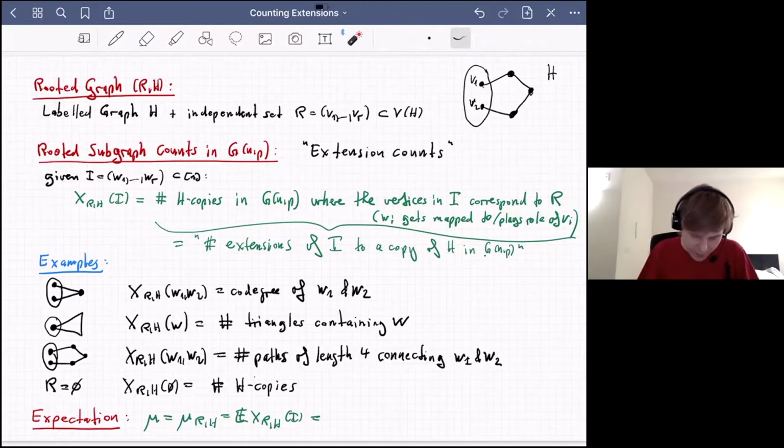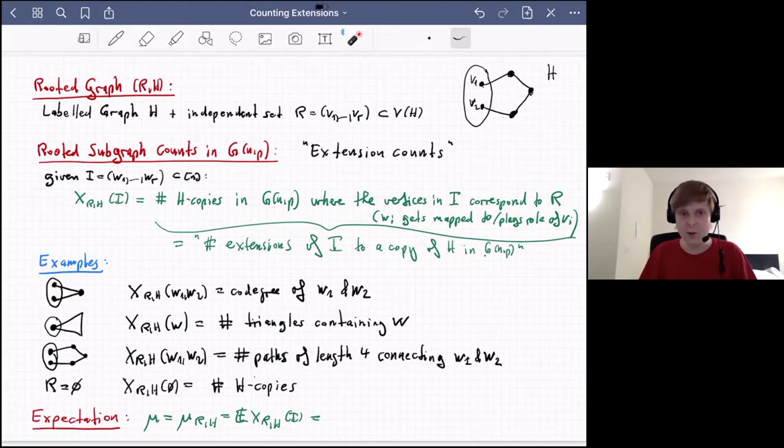I think it's best to understand this through a few examples. Here I prepared some rooted graphs. I have this cherry, and I want to root it at these two vertices. Then what we're counting is just the number of these cherries where the endpoints get mapped to these vertices.